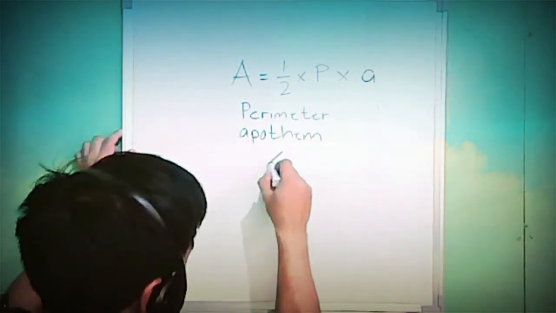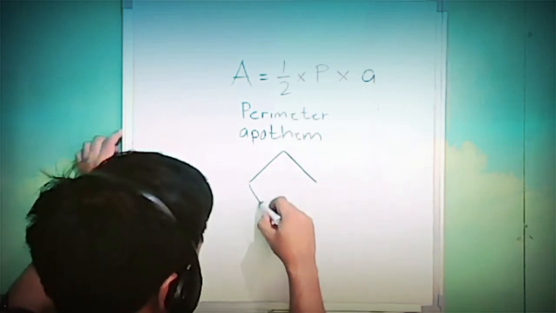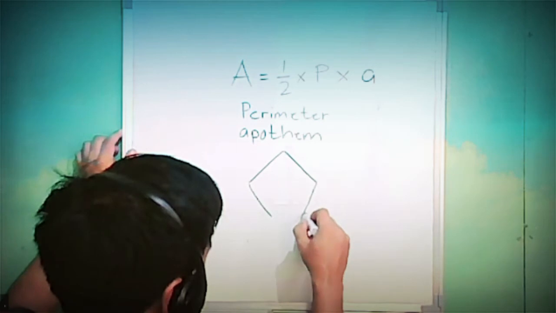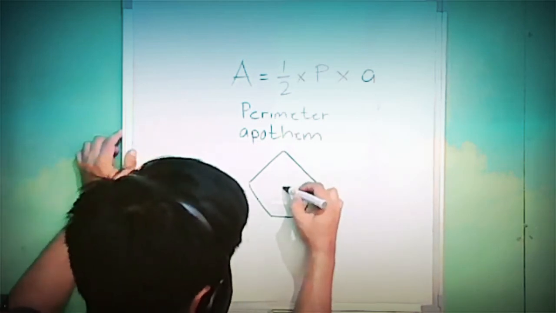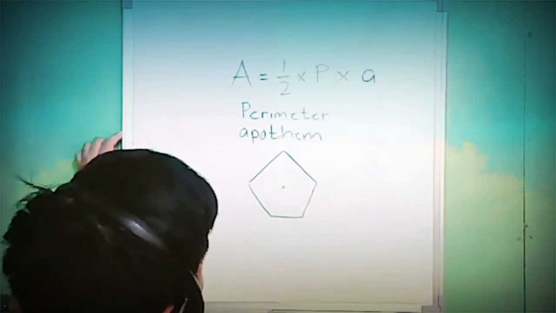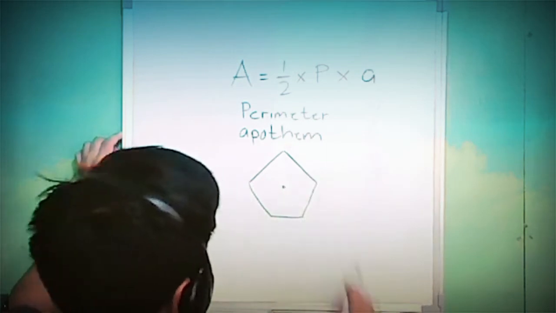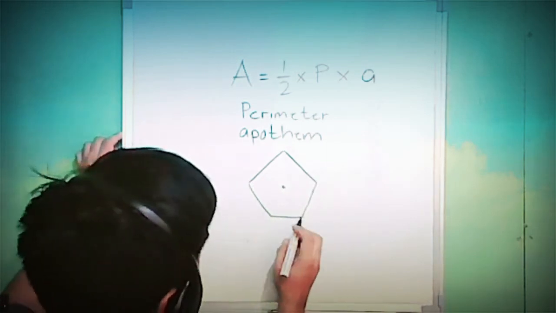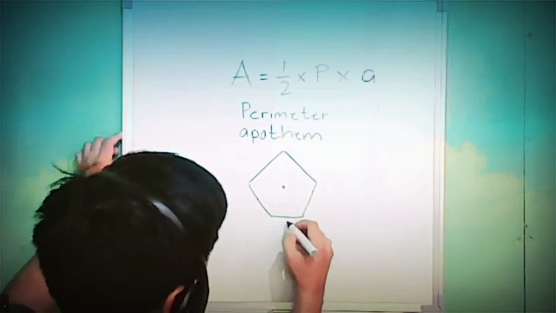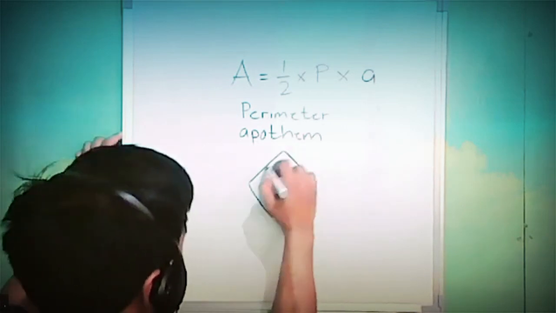So this is the shape of a pentagon. It has 5 sides that are equal. This is the center of the pentagon. For the perimeter, for example, this side we call X, and this side is equal.